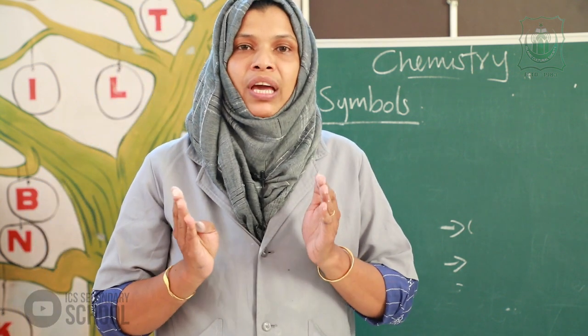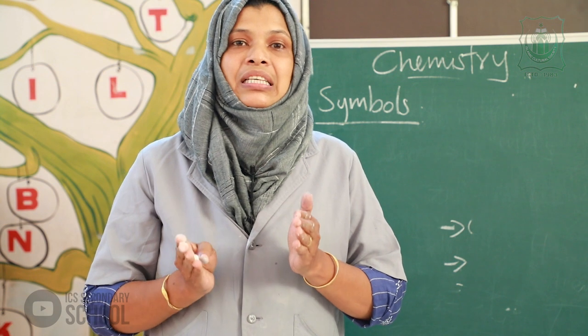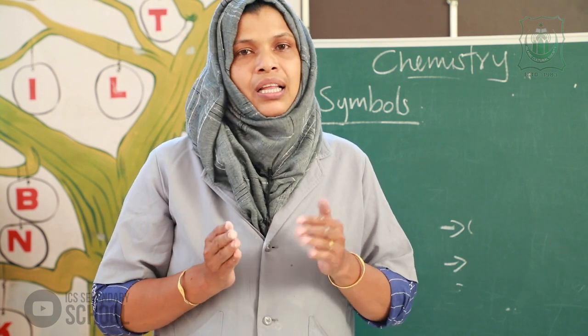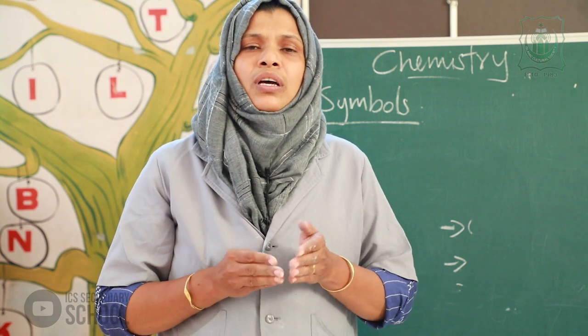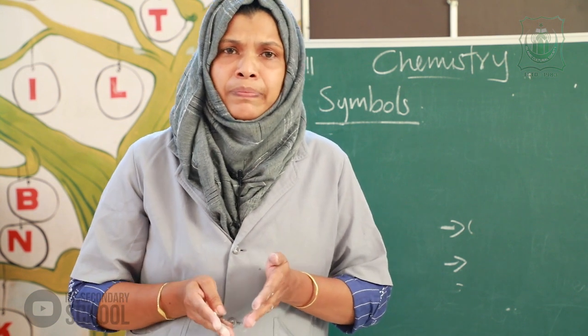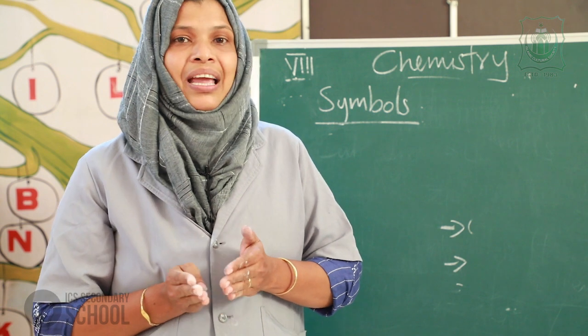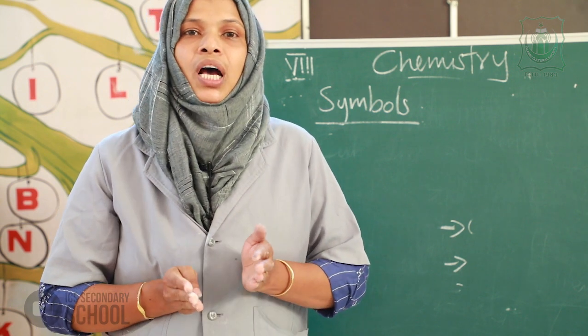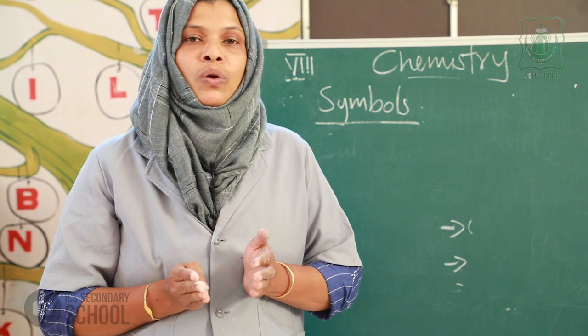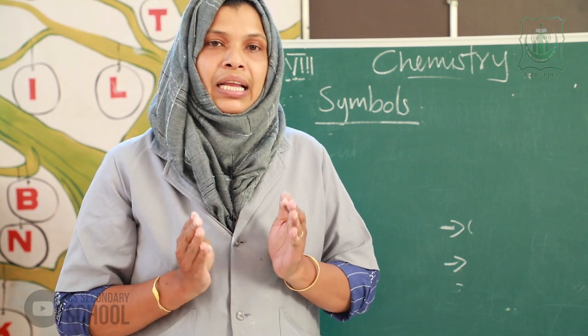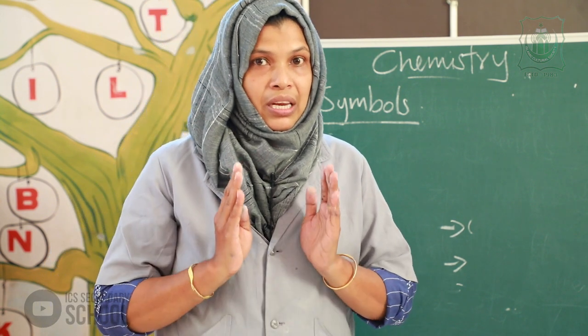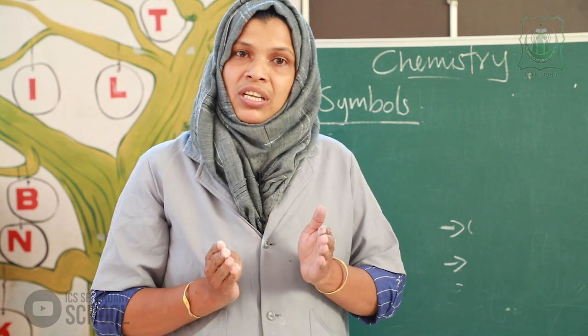Latin name is ferrum and symbol is Fe. And there are more examples for you. Silver, Latin name argentum, symbol Ag; gold, aurum, Au, etc. These symbols are derived from Latin words.